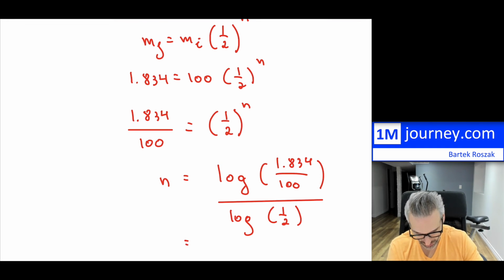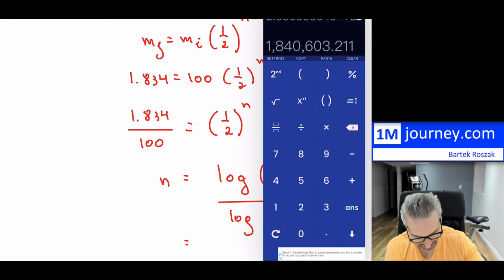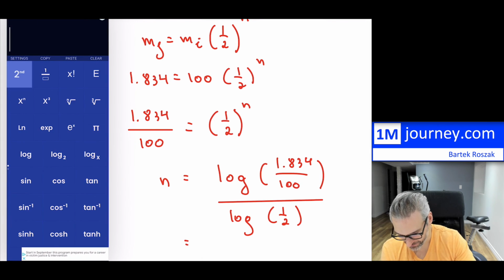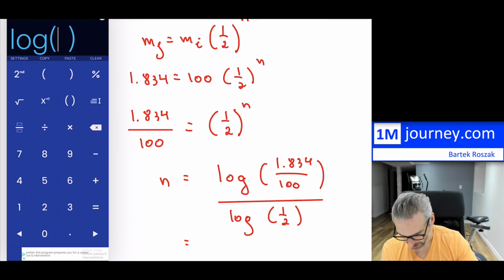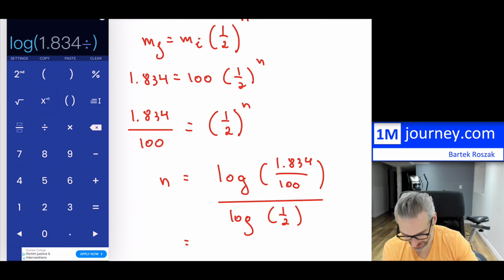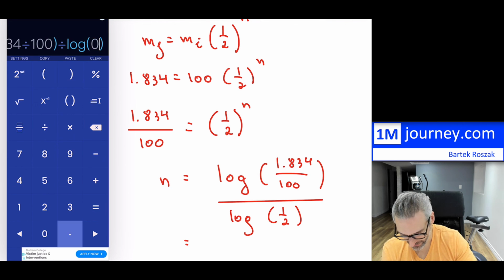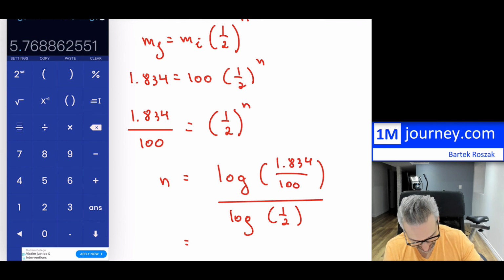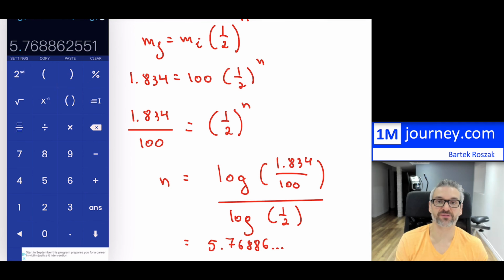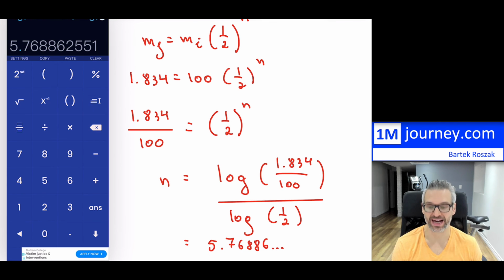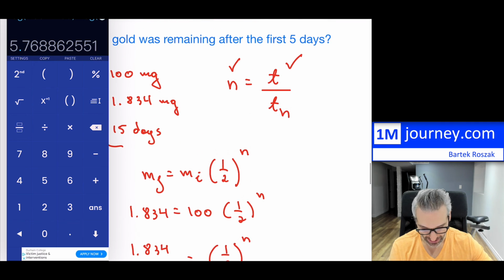So what is this equal to? Let's take out the calculator and punch it in. So log of 1.834 divided by 100, then divided by log of 1/2, equals 5.76886, etc. half-lives. That's how many half-lives have passed by. That's my n.